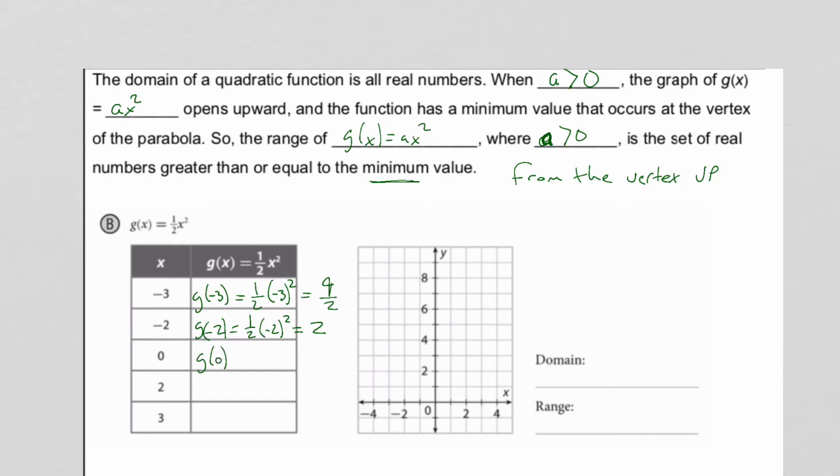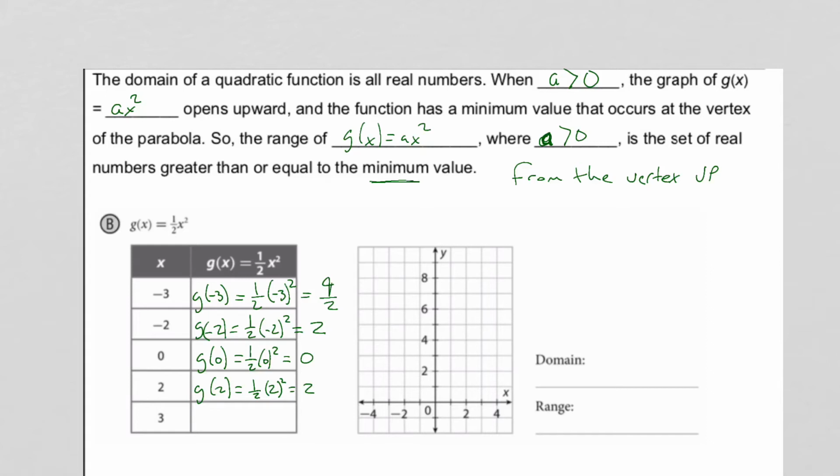G of 0 is 1/2 of 0 squared, which is 0. G of +2, 1/2 times 2 squared, right? And here you notice some symmetry, right?